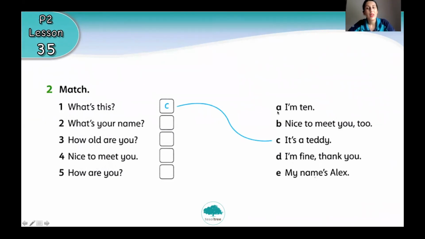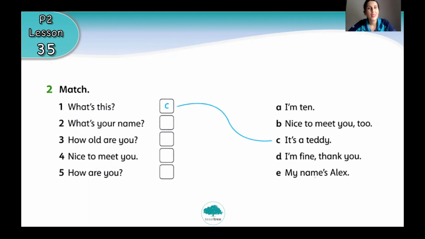Okay, these are questions and we have answers. Let's read. A, I'm 10. B, nice to meet you too. C, it's a teddy. D, I'm fine, thank you. E, my name's Alex. Okay, so let's have a look at sentence number 2. What's your name?